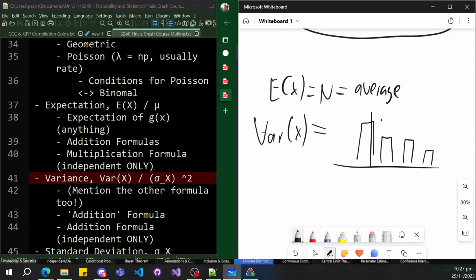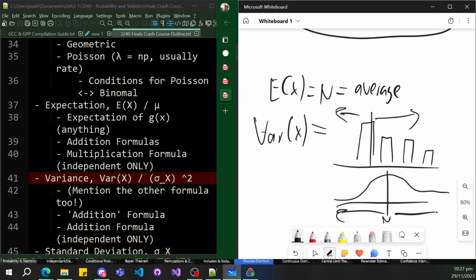Variance is how much that data spreads out on both ends. This is best seen with a bell curve, like that. Where your mean is in the center, and variance is how much your data spreads out on both sides.